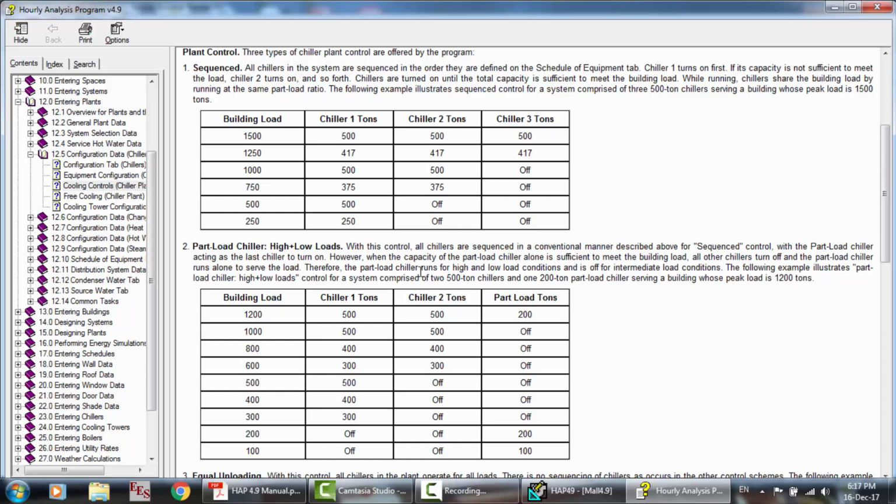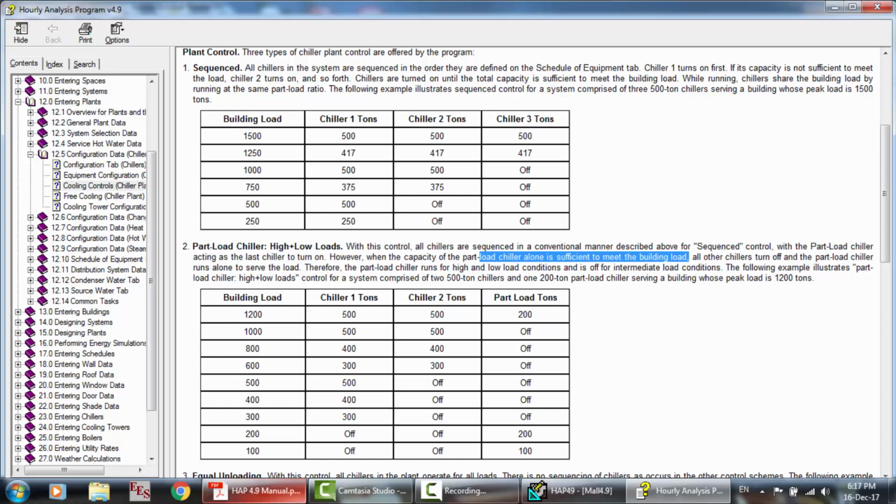However, when the capacity of the part load chiller alone is sufficient to meet the building load, all other chillers turn off and the part load chiller runs alone to serve the load. Therefore, the part load chiller runs for high and low load conditions and is off for intermediate load conditions.